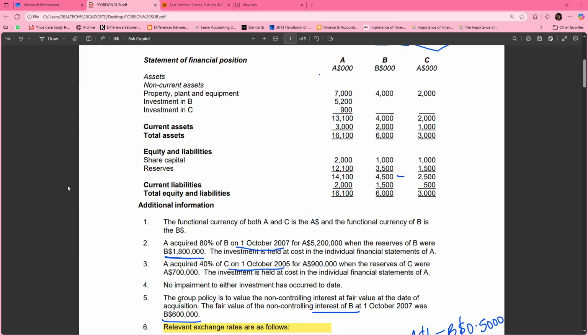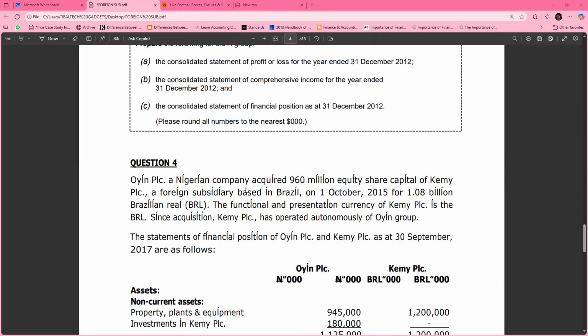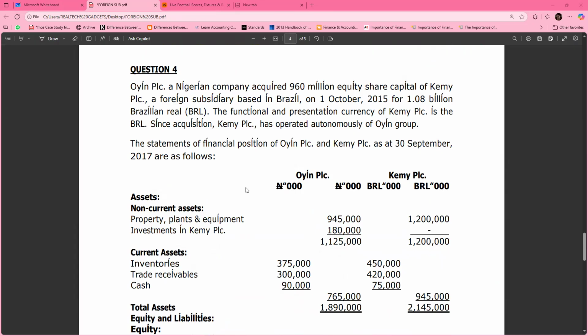Assuming it is just like this question 4, where you are asked to prepare the statement of financial position, once you are through with your first working, which is your group structure, the next thing you should do is to translate the statement of financial position. So that should be your second working.